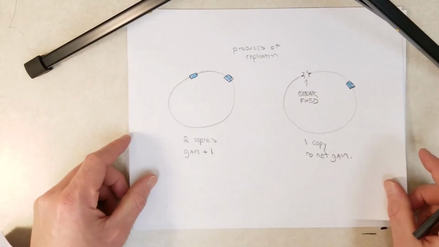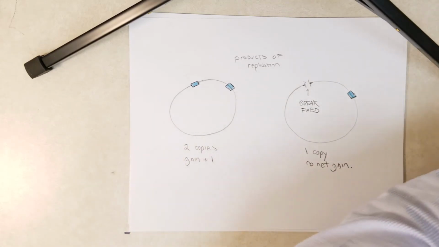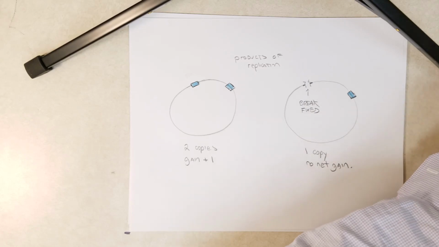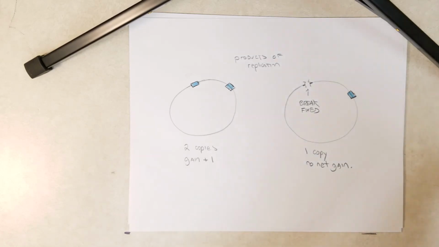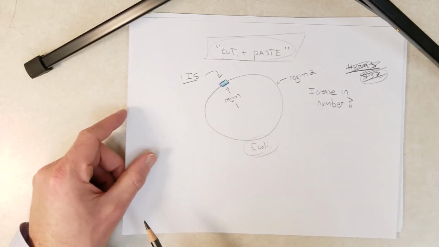So after all of that, what do we have? We have the 2 products of replication. Let me see if I can go back. So this is what we started with, before DNA replication started.